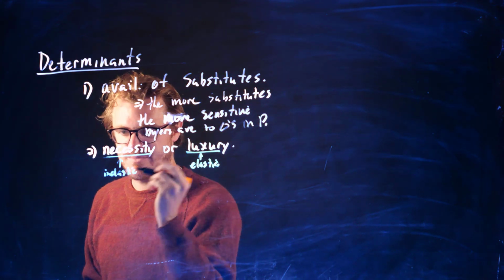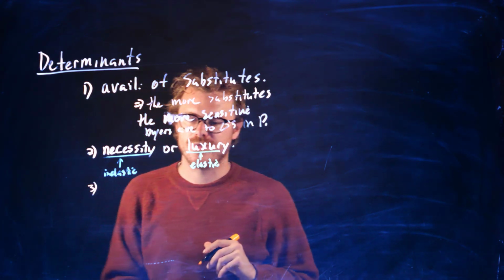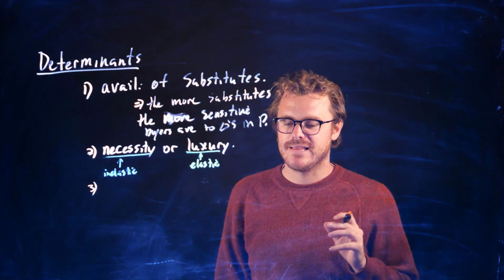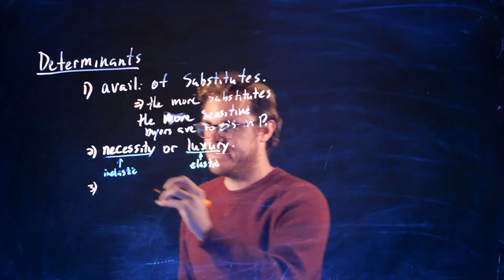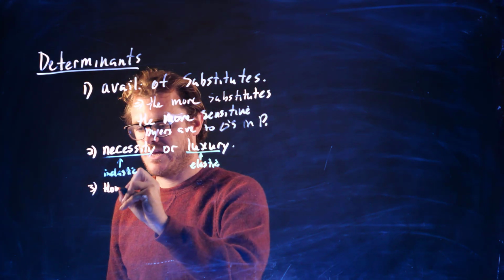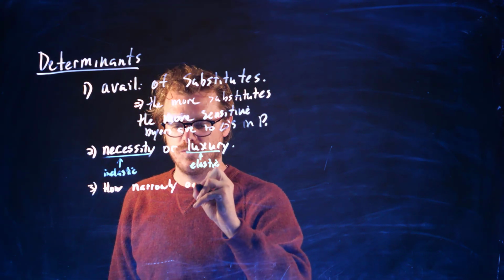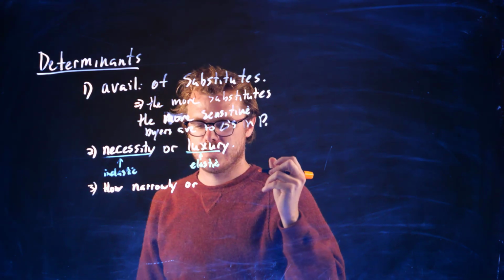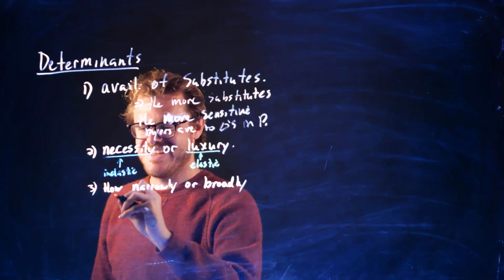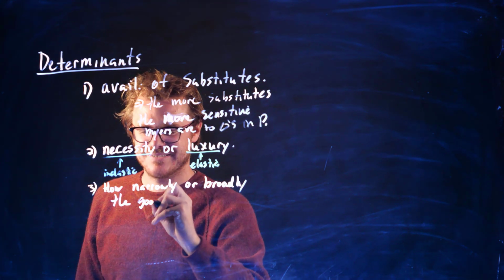All right, so number three, the third determinant of price elasticity of demand is how narrowly or broadly the good is defined.